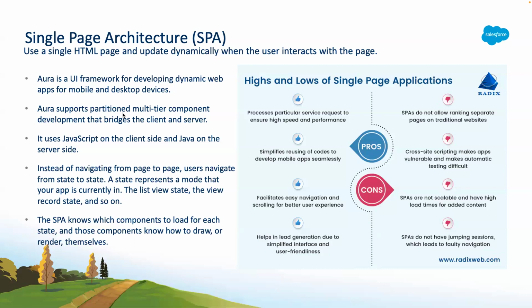If you see the lows and highs of a single page application, definitely since I am on the same page, it is faster for processing. Navigation is very easy and smooth. While the traditional websites may not completely support your SPAs. Plus, as I mentioned, it is based on expertise, so implementation of the single page architecture can be an issue.